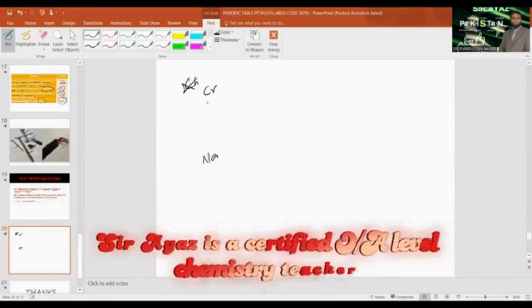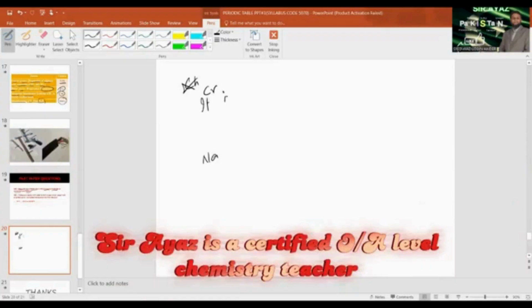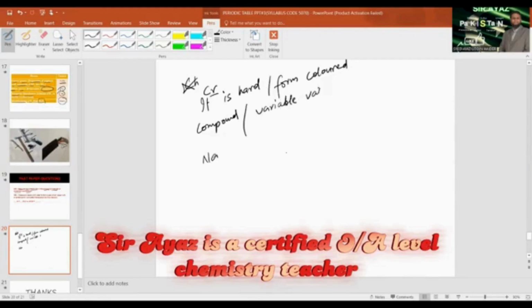You can write chromium is hard, forms colored compounds, has variable valency, used as a catalyst. These are differences.